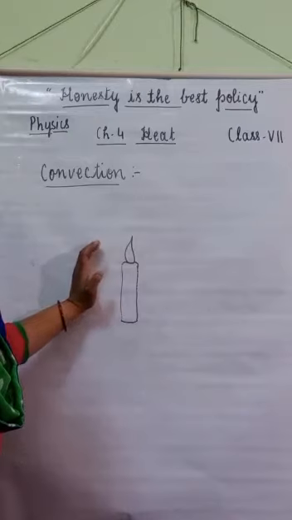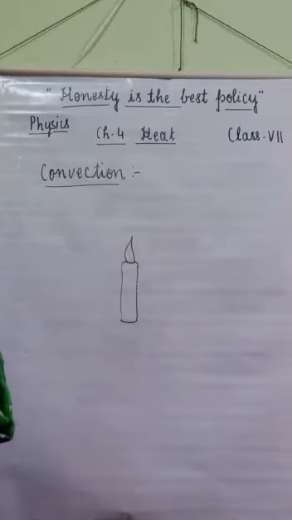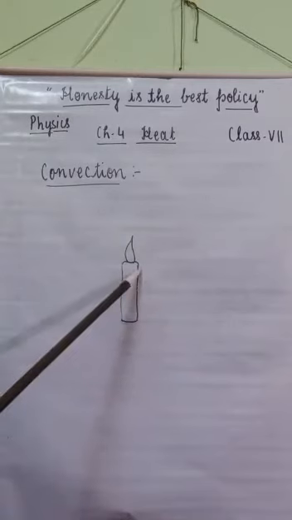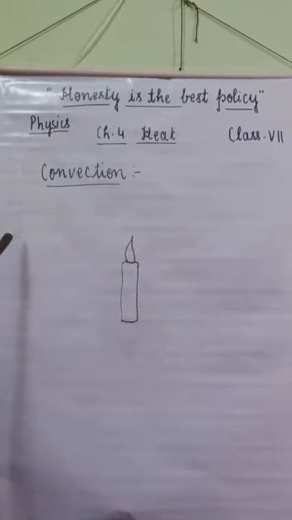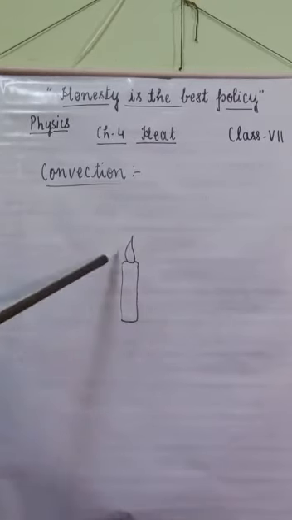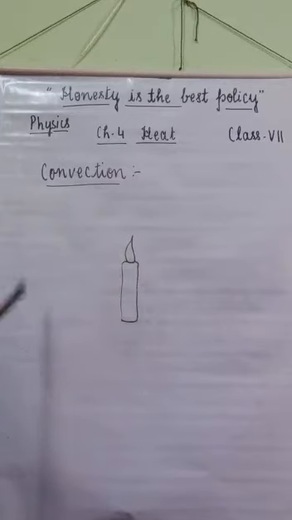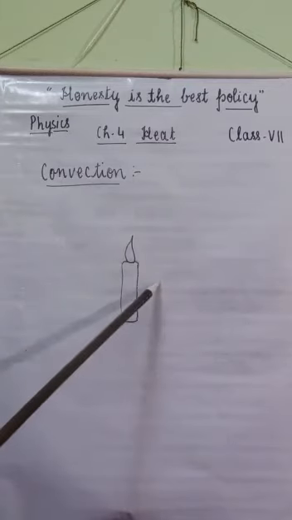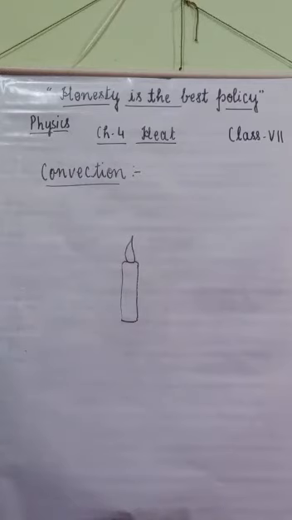It shows that towards the top the air gets heated by the convection method. Therefore, the hand above the flame feels hot. On the other sides, there is no convection, and the air does not feel as hot as at the top.